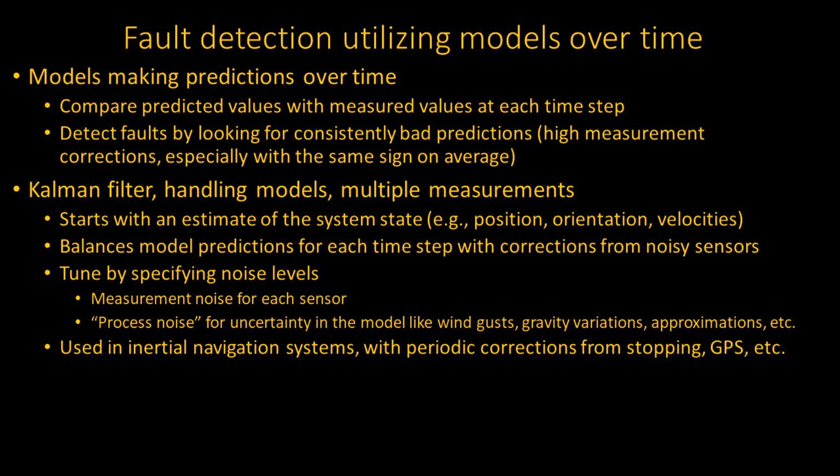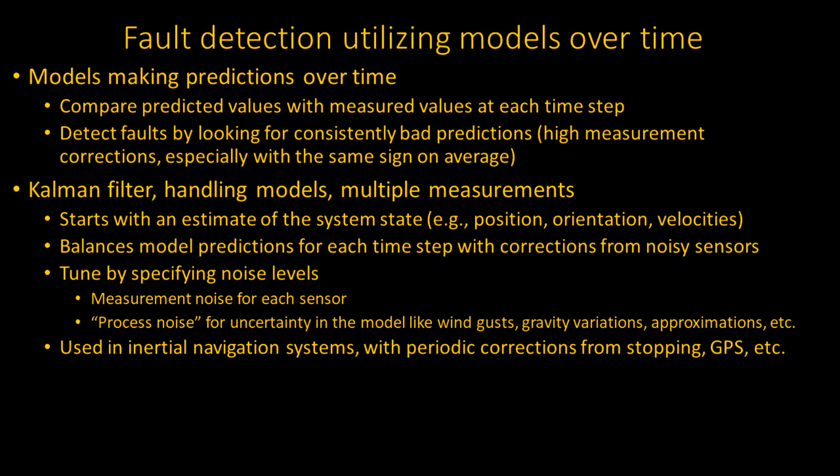The implementation of these systems can be part of the normal state estimation system, which almost every spacecraft will have. State estimation means estimating the current position and orientation, and also the corresponding velocities and angular velocities. The point of the Kalman filter is to balance the model predictions at each time step with the measurements. So it's a two-step process where there's a prediction made using the model equations, followed by a correction to account for the new measurement values. And these are really tuned.